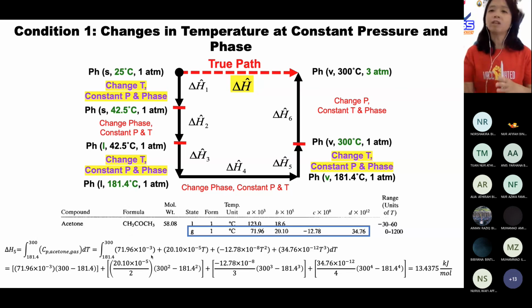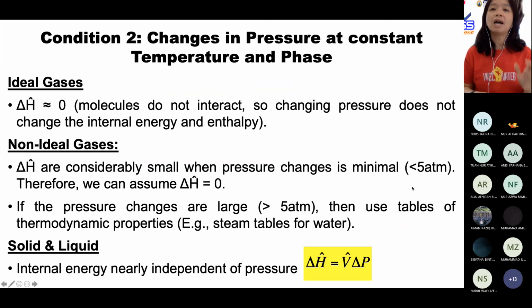So make sure you check, for example, I want to calculate for CP aceton gas, I make sure that I take the value of the CP for the gas phase. And then when you calculate, your enthalpy unit will be in kilojoule per mole. Enthalpy that you calculate, if you use the table B2, the heat capacity table, the enthalpy value will be in kilojoule per mole.